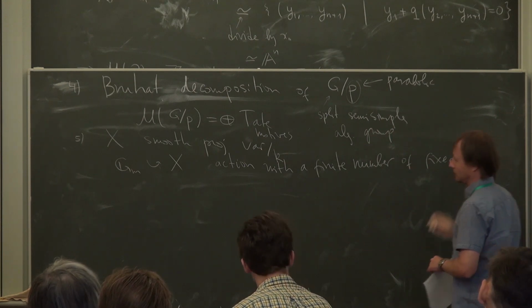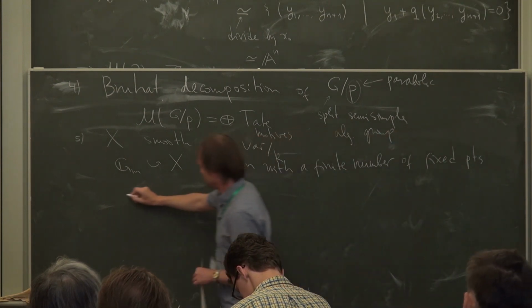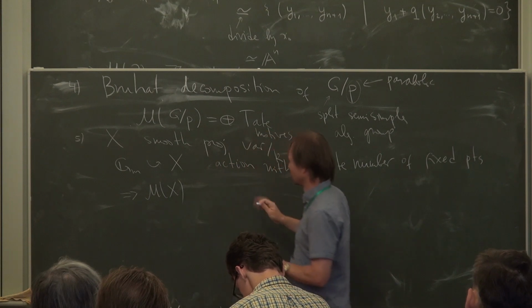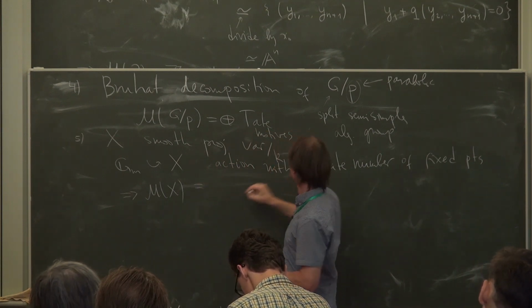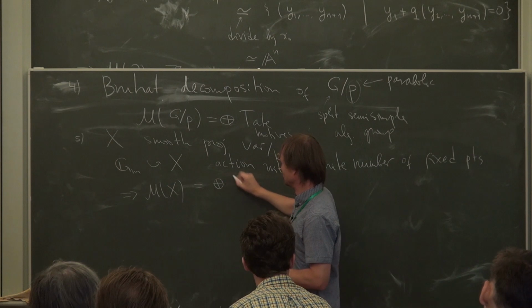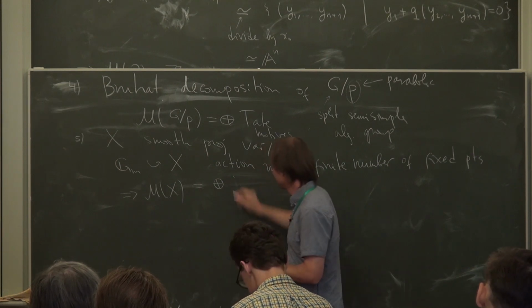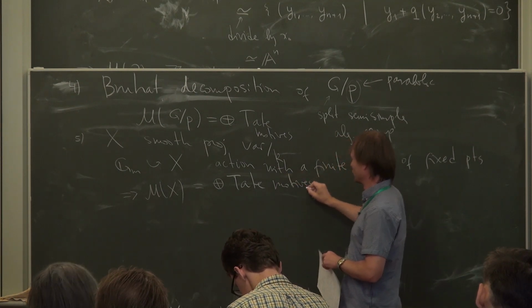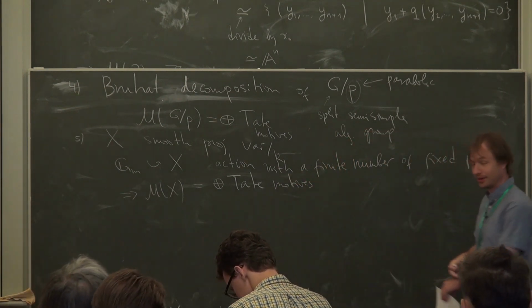Then again, the motive of X can be explicitly determined. It's again a sum of Tate motives. The shifts are a little bit trickier.